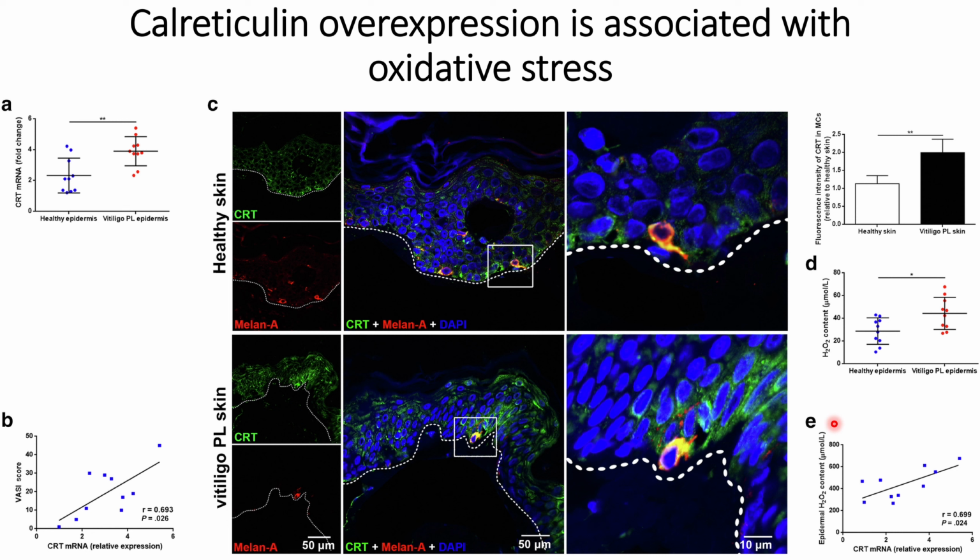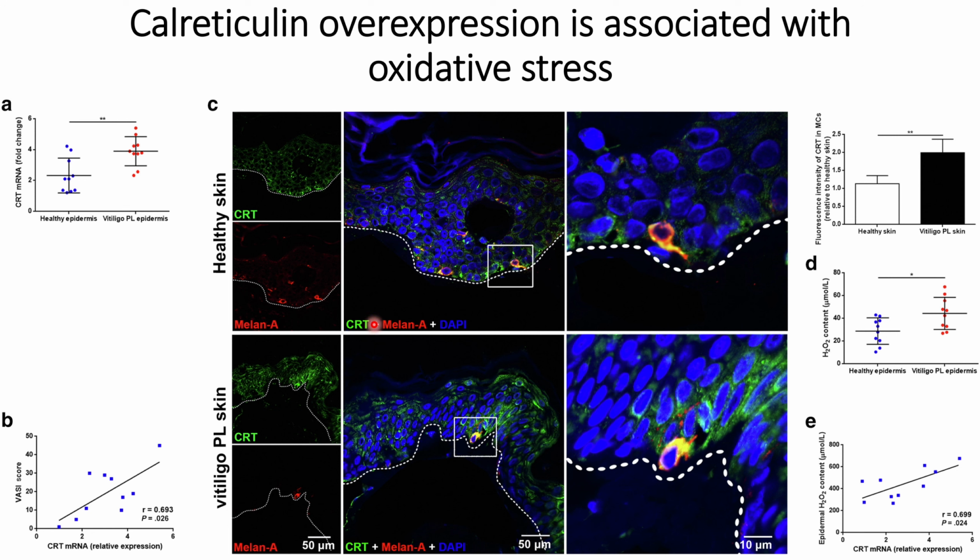When they plotted the epidermal H2O2 content of patients with different H2O2 levels against their calreticulin mRNA expression, they found that the increase in H2O2 content is directly related to calreticulin mRNA expression, where patients that have more oxidative stress have more calreticulin expression.